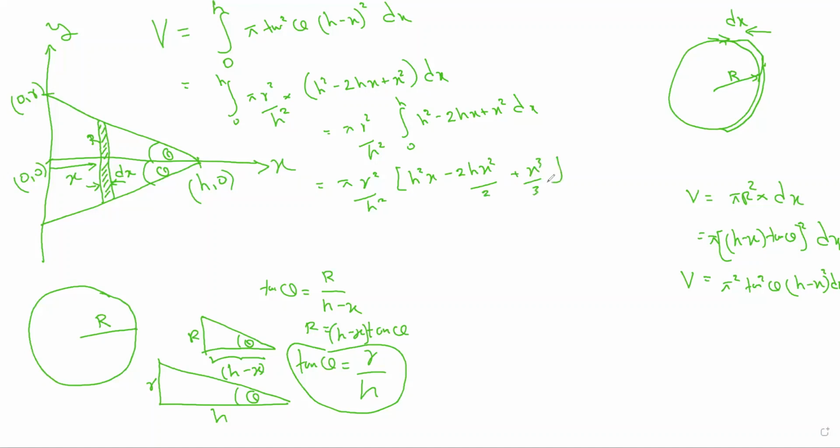It is h cubed over 3. The upper limit is h, the lower limit is 0.